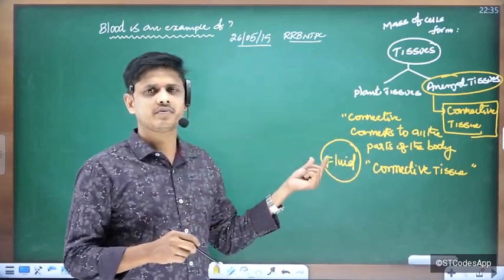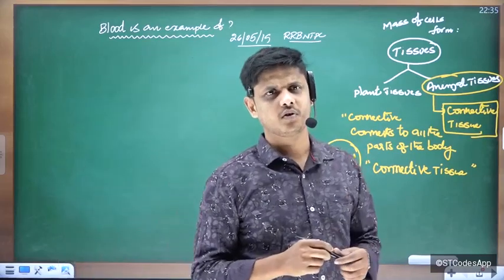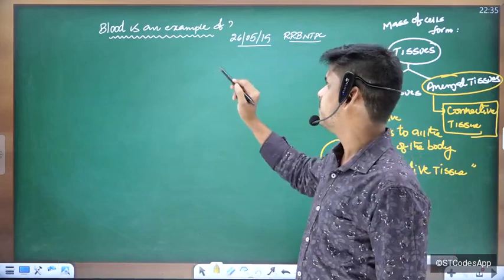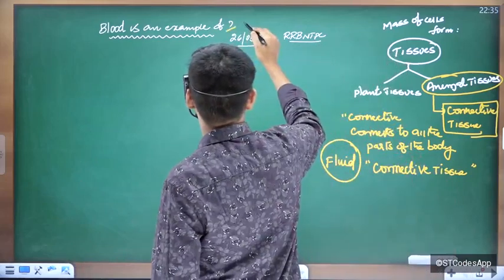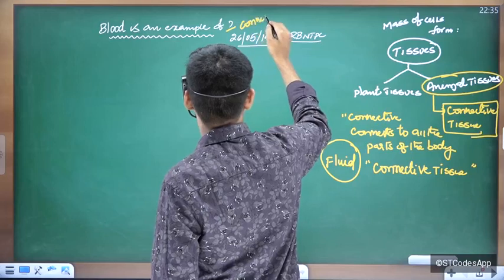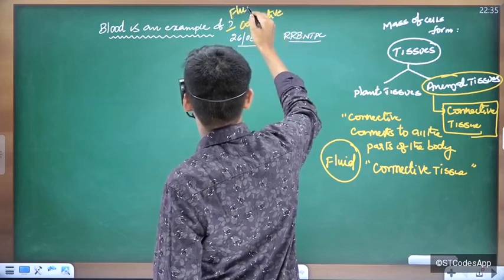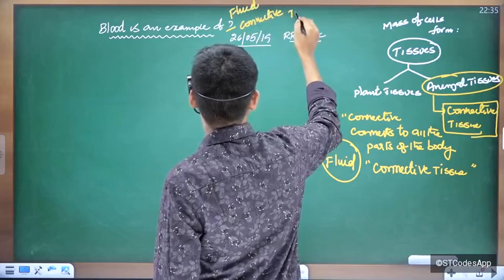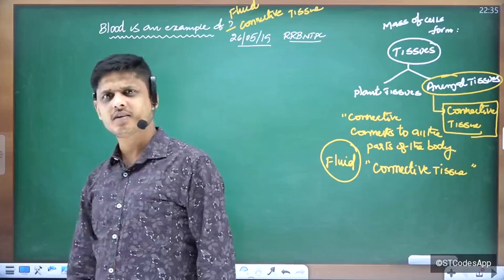Hence it is called a fluid connective tissue. Here the question is: blood is an example of what? The right answer is connective tissue. Which type of connective tissue? Fluid connective tissue.